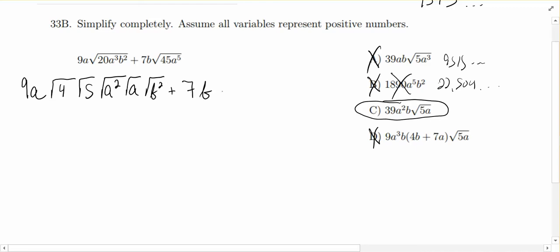Then we have 7b. 45 would be 9 times 5. A to the 5th would be a to the 4th times a. Now, one thing I'd be careful of on problems like this, and I'm definitely guilty of it, is making sure that your a's are different from your 9's, so you don't make a handwriting mistake that throws you off.